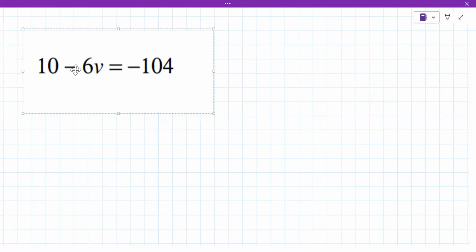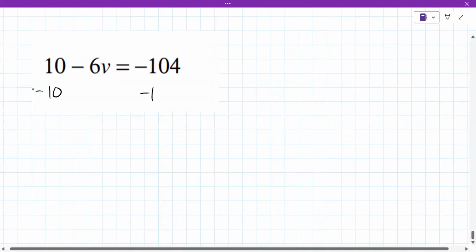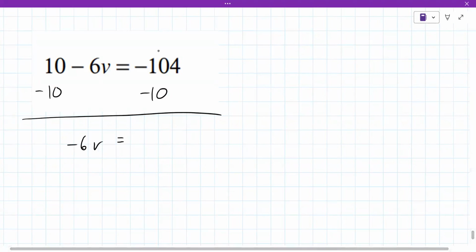Is this one not even? It does work out, I think. Let me check here. I didn't actually check, so you may be right. No, it does work. So is the 10 positive or negative? That may be the issue there. Positive? Yes. So how do you undo it? Subtract? Yes. So you subtract 10 from both sides. What does the right-hand side become? 114. Yes, and that does work out.